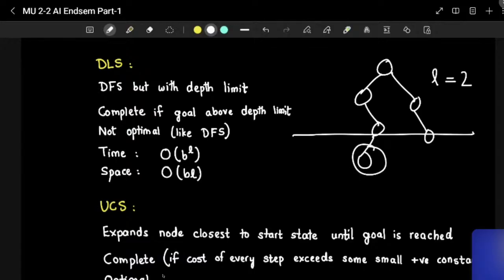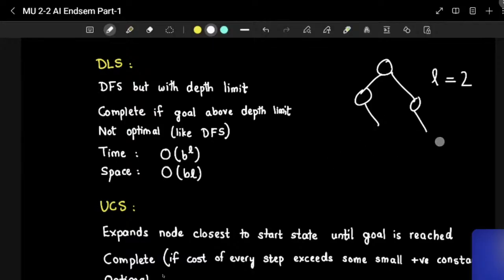If the goal is below the depth limit, that will be a problem, right? Because this algorithm will not be able to give a solution despite the solution existing. So the goal should be above the depth limit. Only then DLS will be complete.